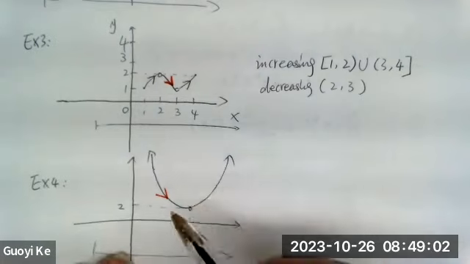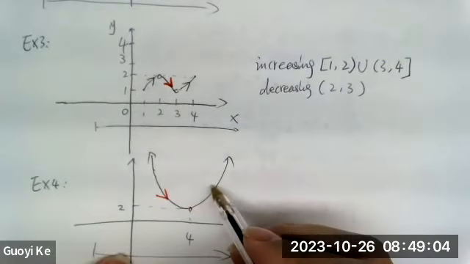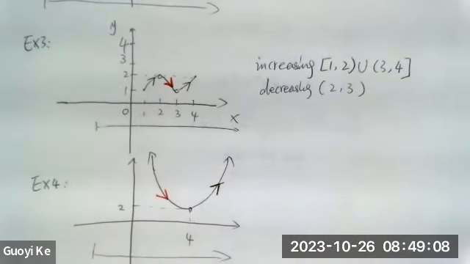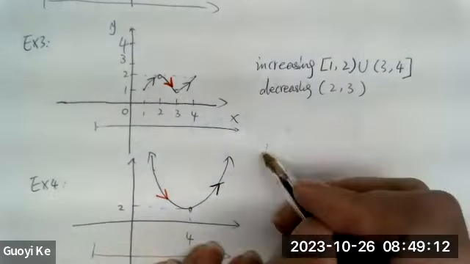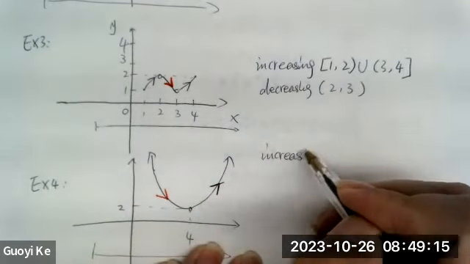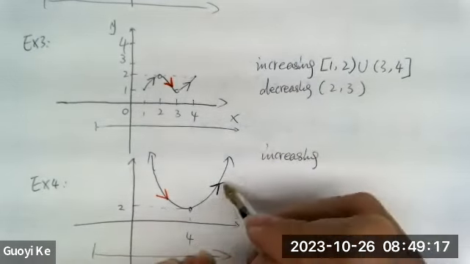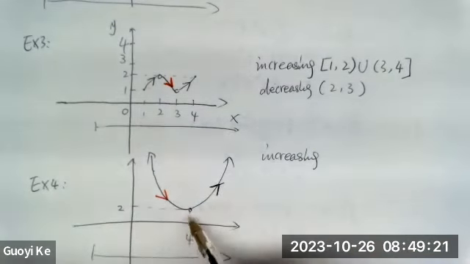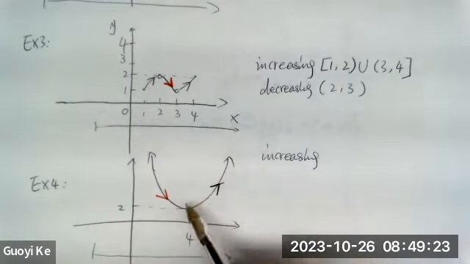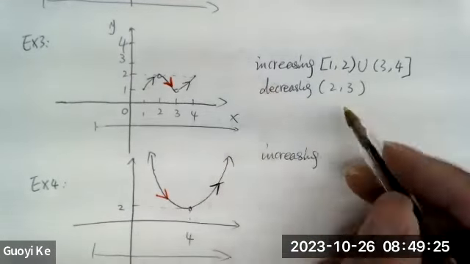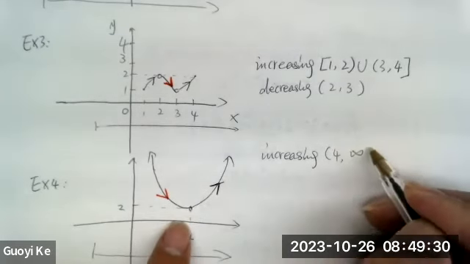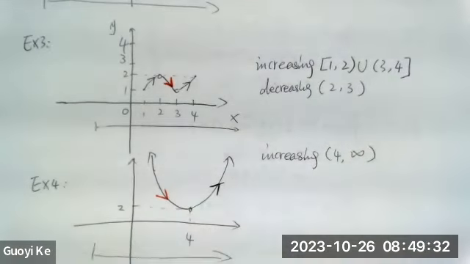And from here to here is an up arrow, right? So now you can write down the increasing or decreasing. Increasing, we're going to see the up arrow, so it's from here to infinity, because the curve always goes up. That means from 4 to infinity, because here is an open circle.